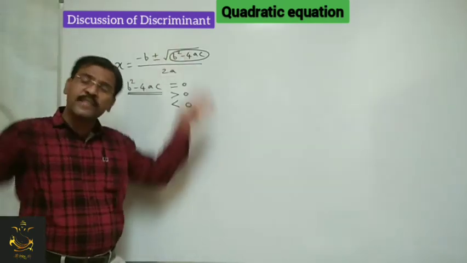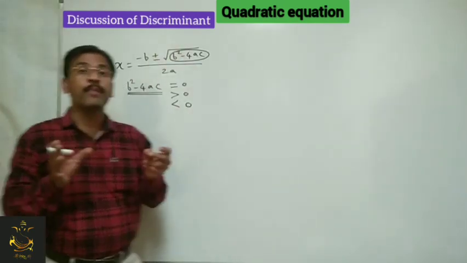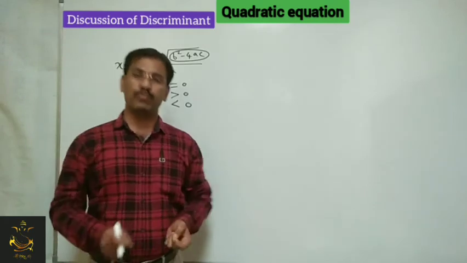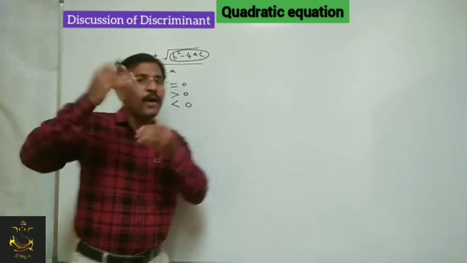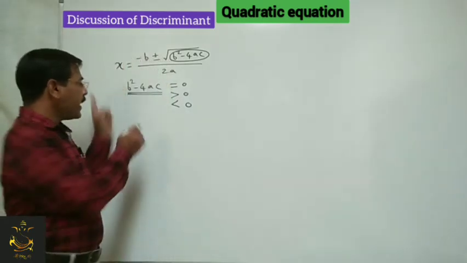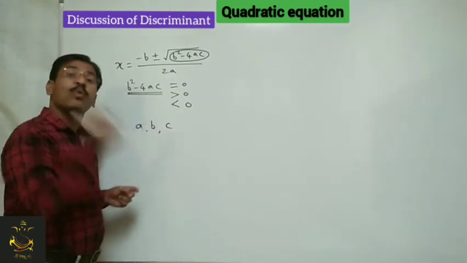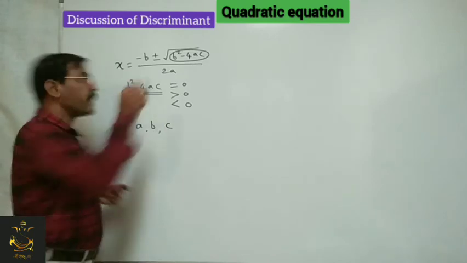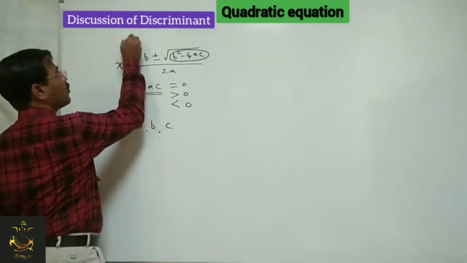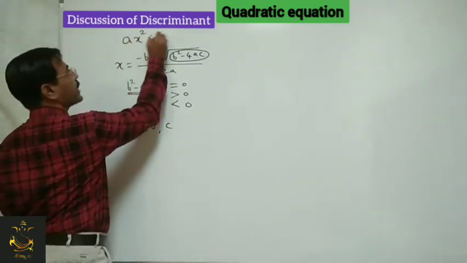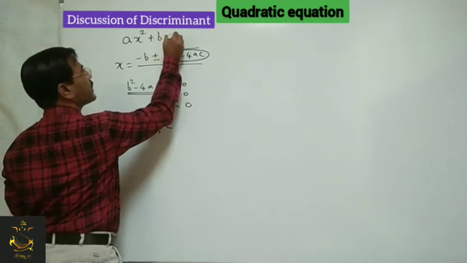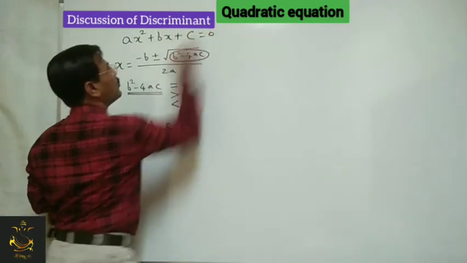From all this discussion, we are going to determine the nature of the roots only by observing a, b, c. These are the coefficients of the quadratic equation ax square plus bx plus c is equal to 0.